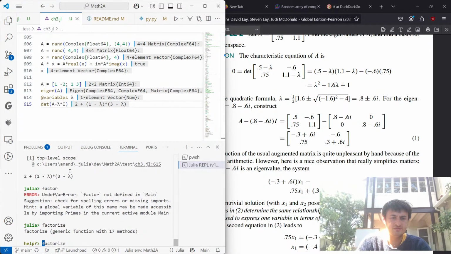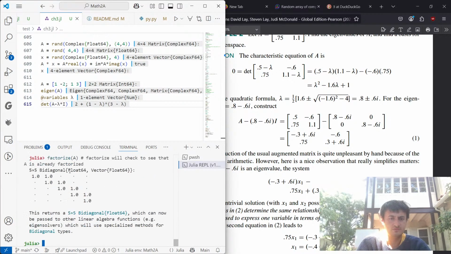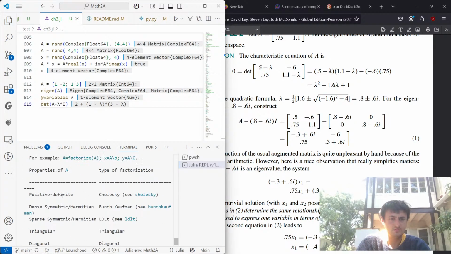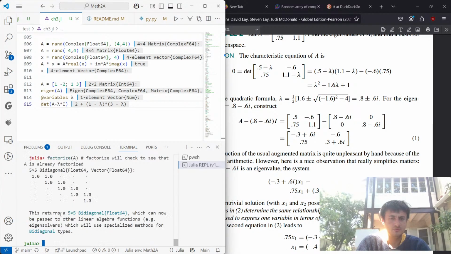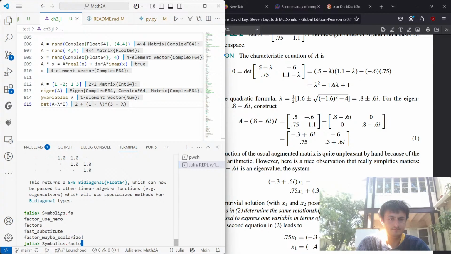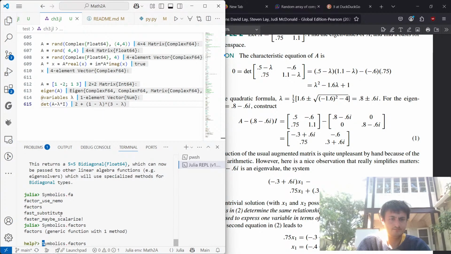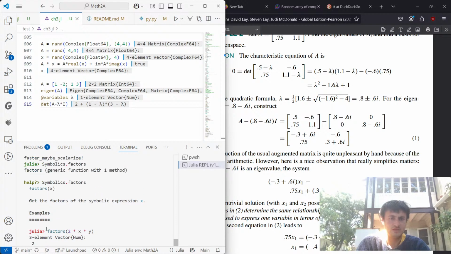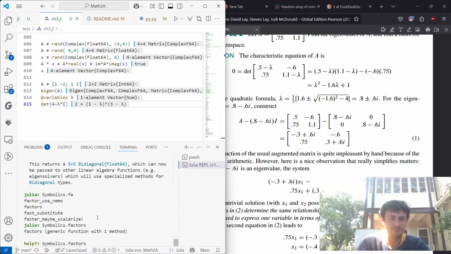But I feel like, is this from Symbolics? No, see, that's ridiculous. That's not even what that is. That's factor, use Nemo.